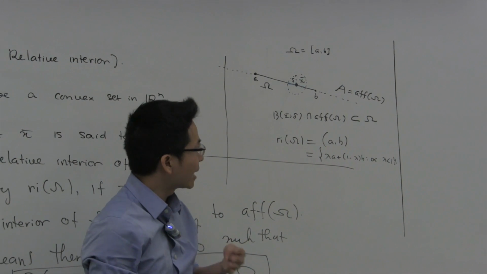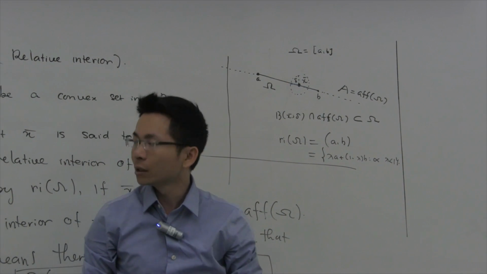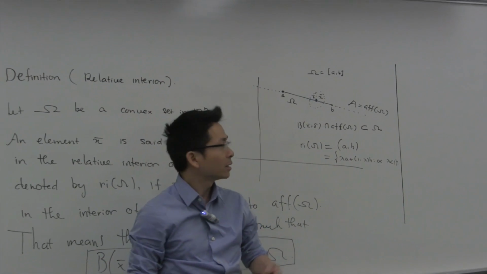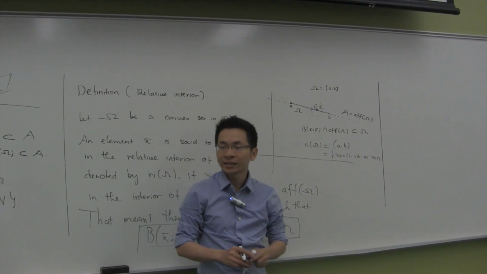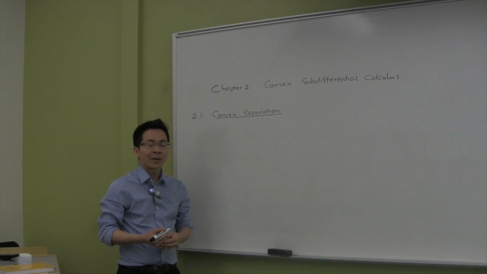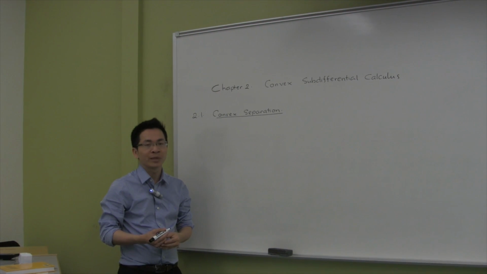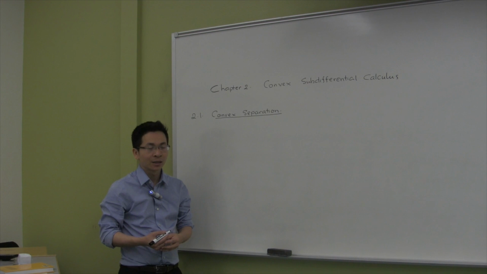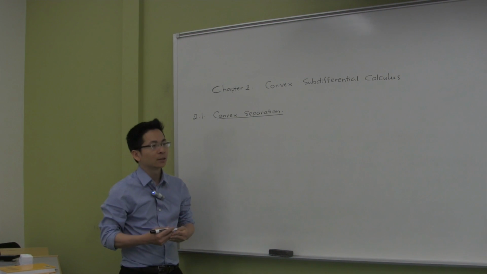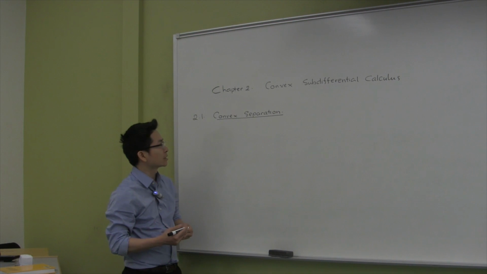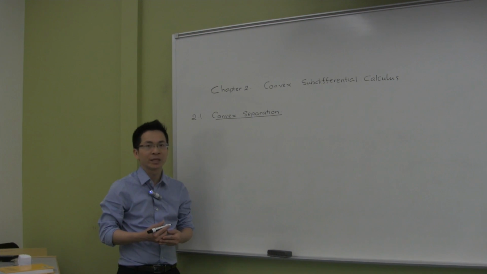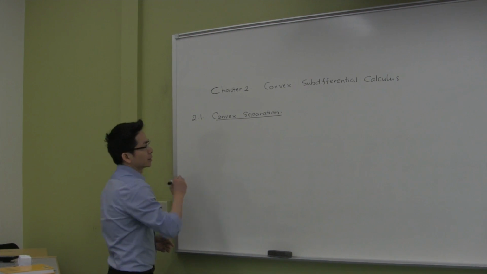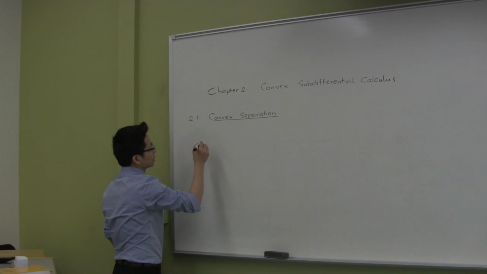Okay, so let me go ahead and state a very important theorem related to the relative interior of convex sets. Now I'm going to talk about some important properties of the relative interior of convex sets in R^n. These properties are important in proving the most important theorem of this section on the proper separation property. Okay, so here is the first theorem.